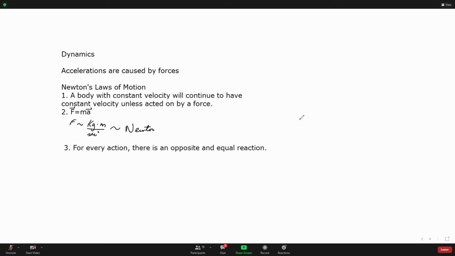Now, what about this question? Why does the little old lady get hurt and the linebacker doesn't? Because of their mass? The forces on them are the same. Someone said it, and I interrupted. Go ahead and say it again. I was going to say because of their mass. The masses are different. That's right. So the same force acts on the little old lady. Her mass is less.